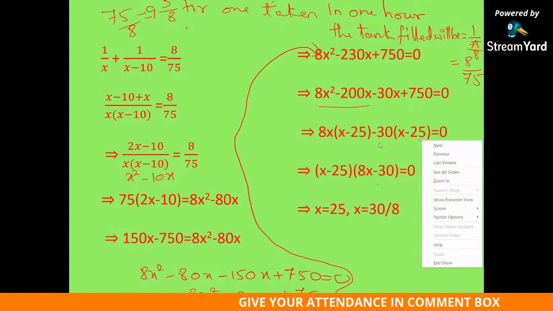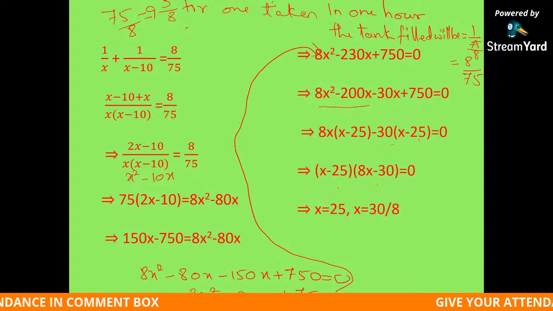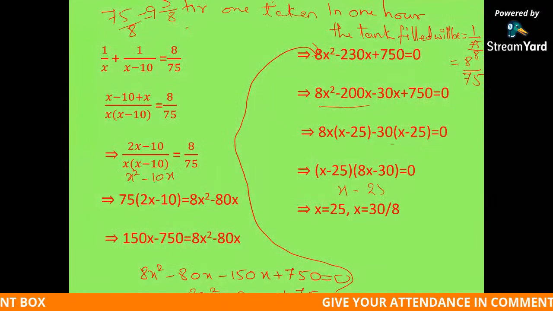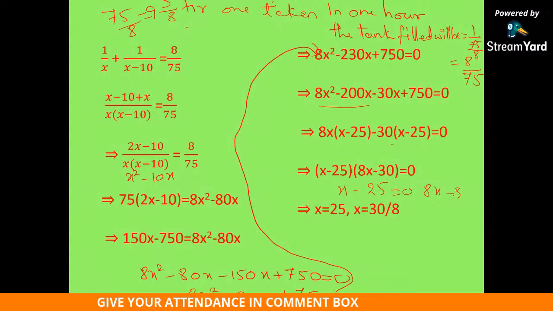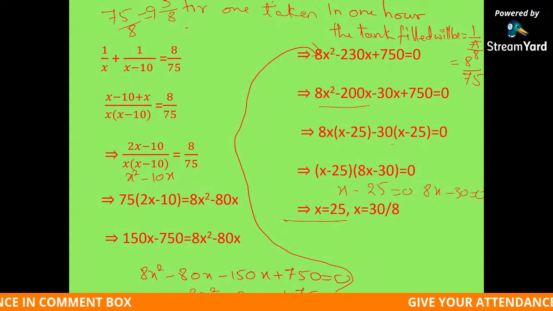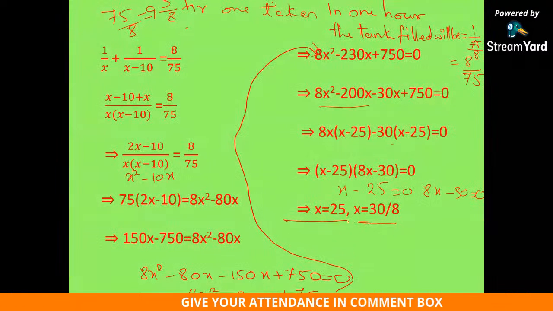Then x minus 25 into 8x minus 30 is equal to 0. Then x minus 25 is 0 or 8x minus 30 is 0. When you equate, you will get x is equal to 25 and x is equal to 30 by 8.